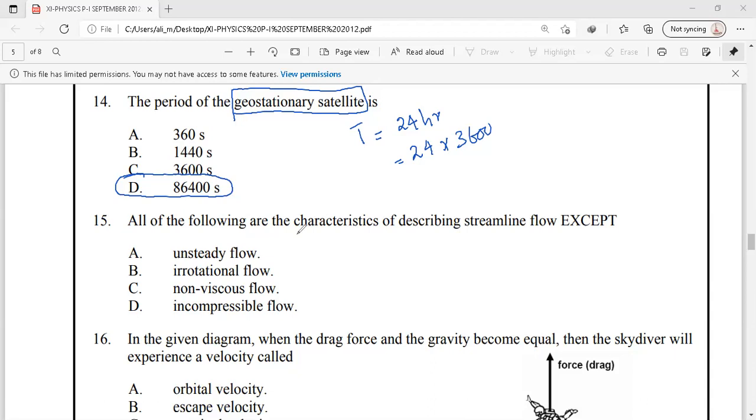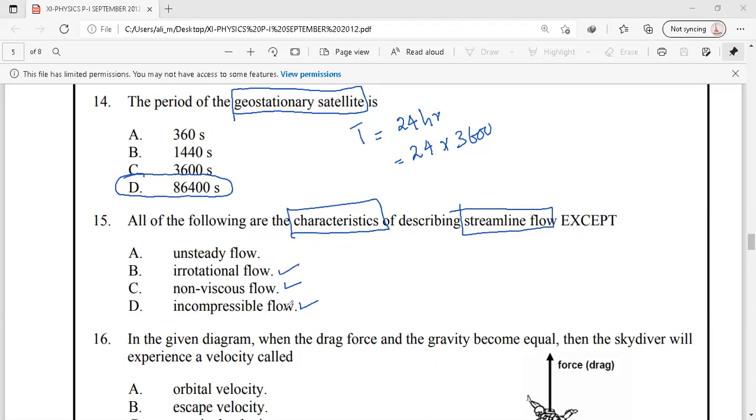All of the following are characteristics describing the streamlined flow of a fluid except for one. Fluids flowing in a streamline should be incompressible, non-viscous, and there should be irrotational flow.